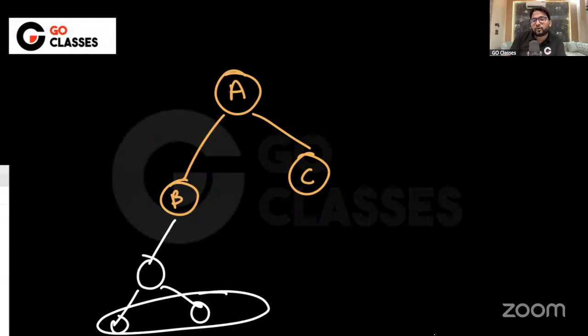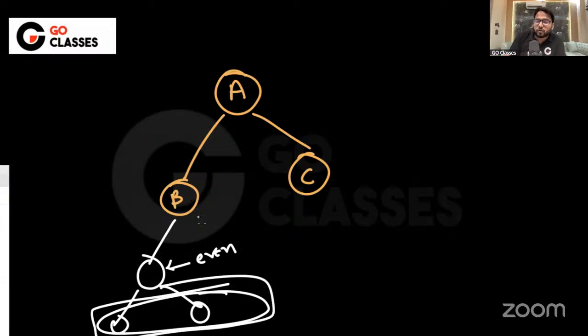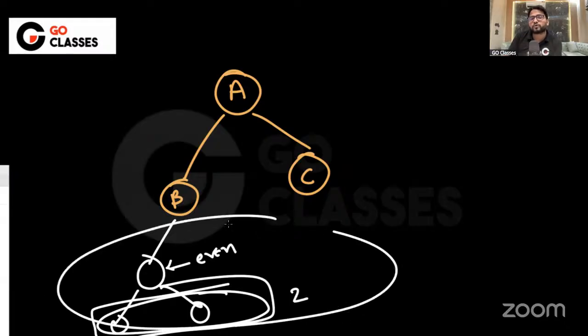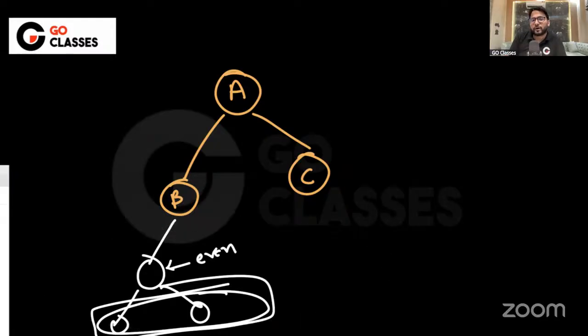See, for every node, even has to be there. I mean, the number of descendants below it should be even. So for this also even has to be there, so below this has to be even only, and below B also has to be even only. So basically, if this is, let's suppose, 2, can below B also be even?